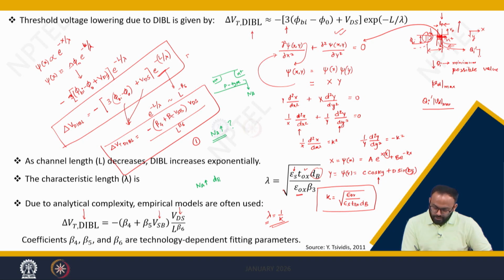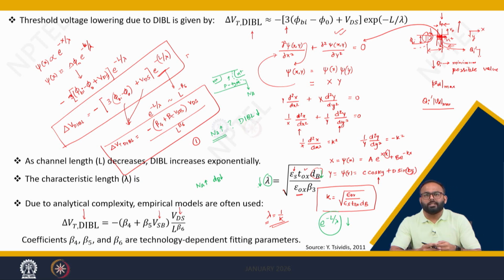If you increase Na, the expansion of the depletion region will be reduced, because if the doping concentration is increased, the expansion of this depletion region will be reduced, and hence dB will reduce. If dB reduces, what about lambda? It will reduce. If lambda reduces, ultimately the e to the power of minus L by lambda factor will reduce, and hence DIBL will reduce. So if Na increases, DIBL reduces.